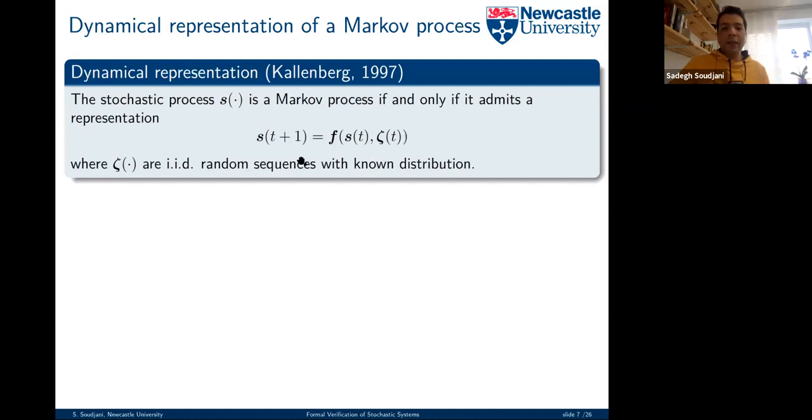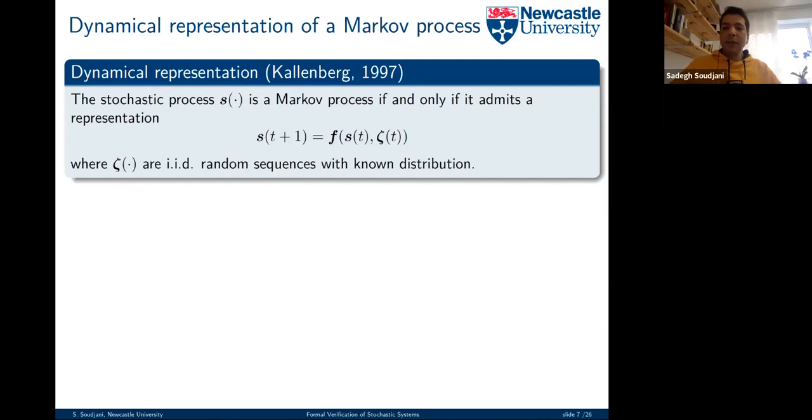This noise is a random sequence with known distribution, and the terms are independent, identically distributed. If you have such a representation, you can construct a Markov process with a transition kernel. And if you have a transition kernel, you can transform that transition kernel to such a representation. You get the distribution of the noise together with this vector field f for the dynamical system.